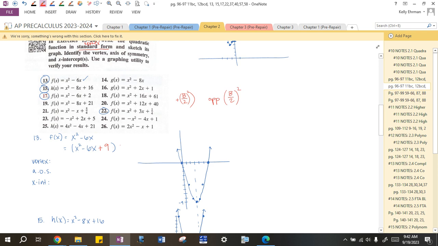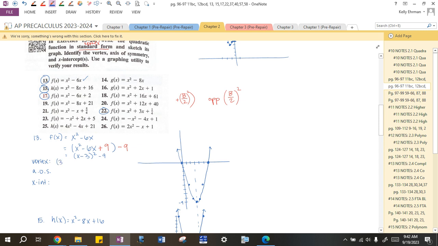So if I have a +9, I need to turn around and subtract 9, do the opposite of that. That way, we're keeping this equation the same. We've just added 0 to the equation. So this makes f of x equal to (x minus 3) squared minus 9.